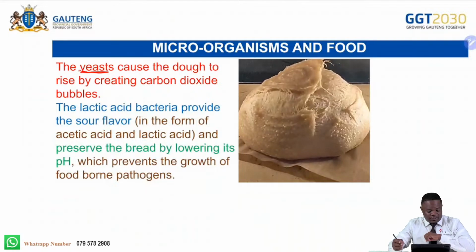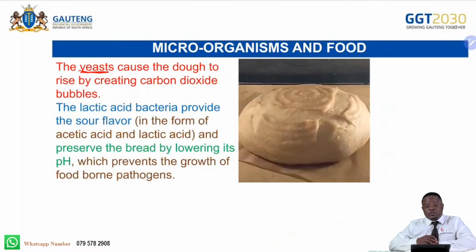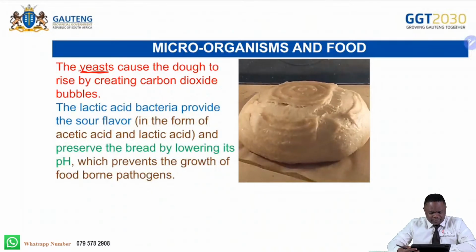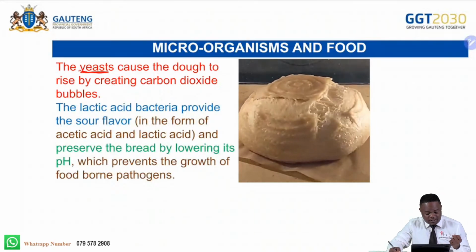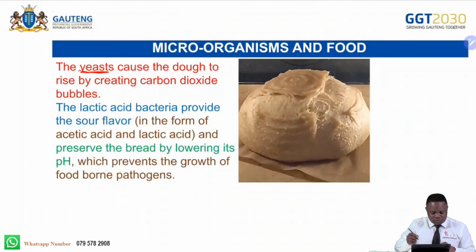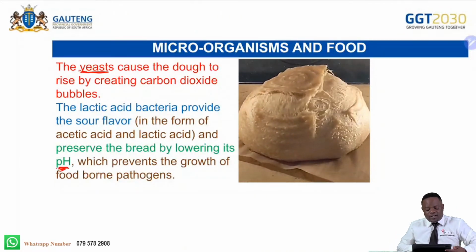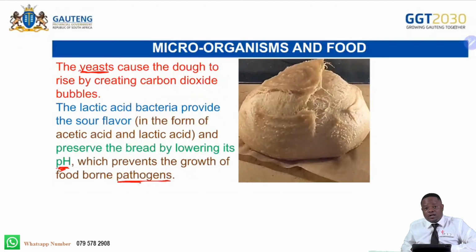And in the process, we have what we call lactic acid bacteria, which is a microorganism that we use when we are making bread. It gives our bread that sour flavor. Since it is an acid environment, the acid pH, I'm sure you know what we call pH, right? The pH is low, and since the pH is low, it prevents the growth of pathogens. Remember we said our pathogens are our harmful microorganisms.